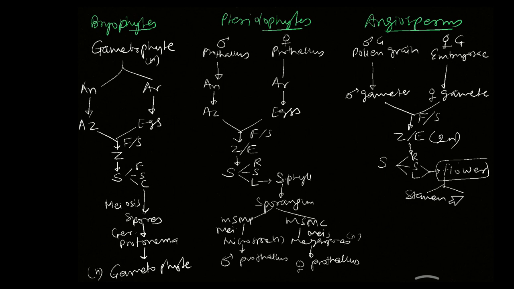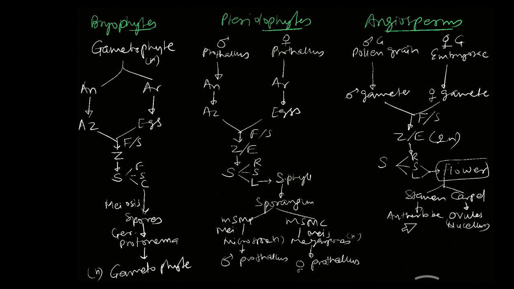Stamen has the anther lobe. Carpel has the ovule, and in the ovule the nucellus is present.